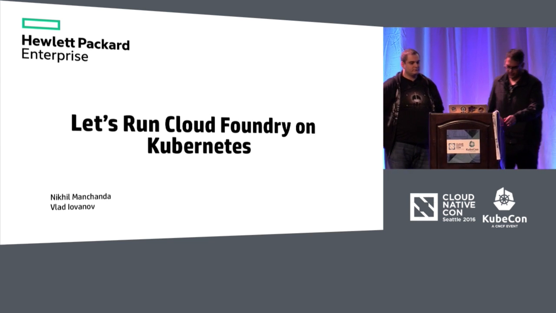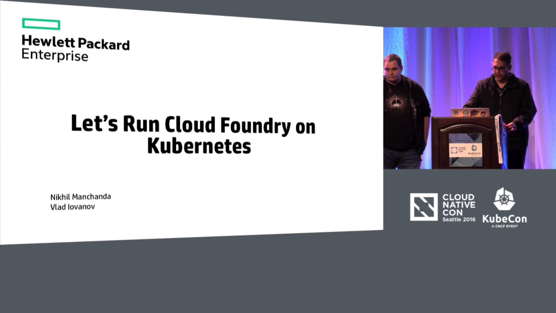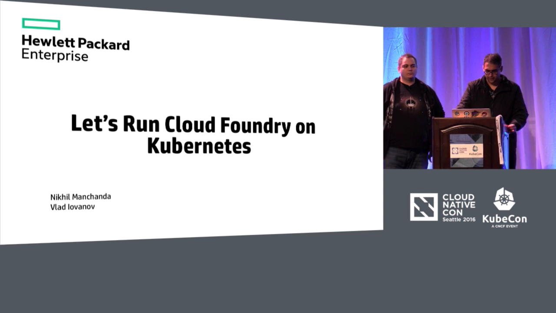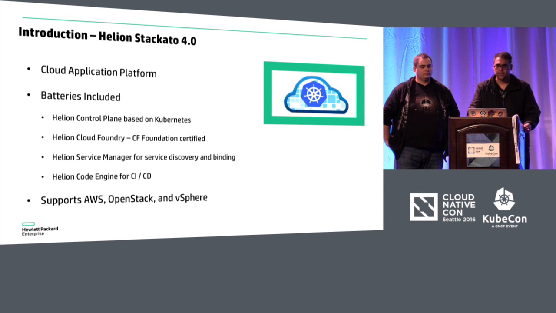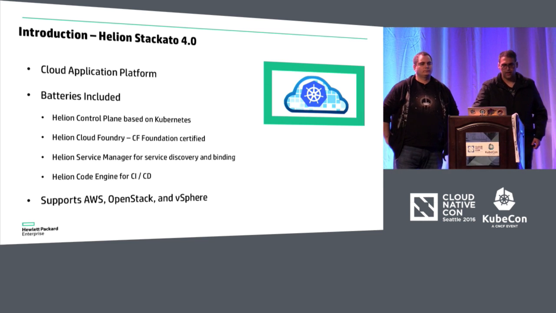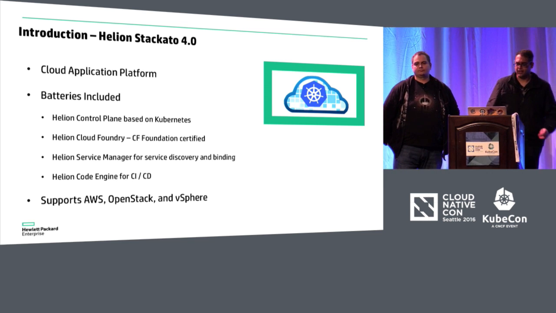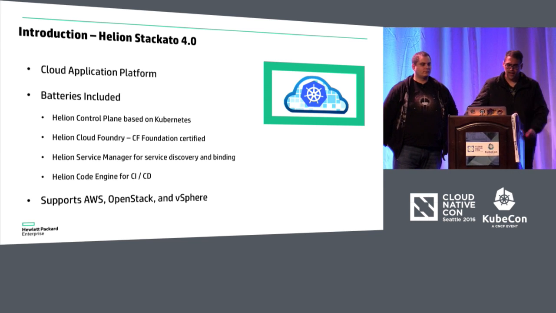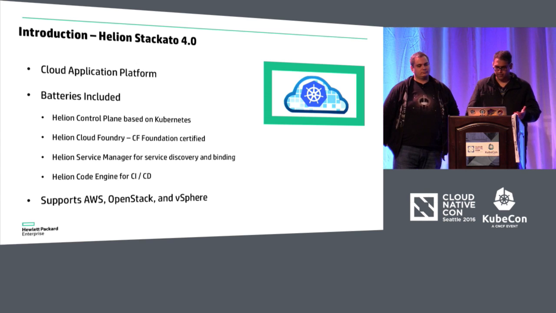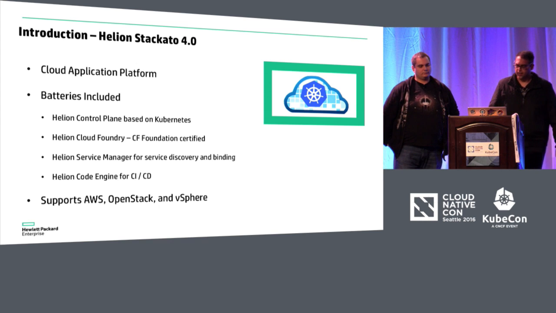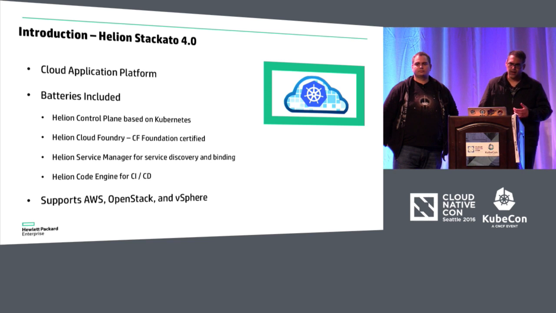So let me get started with this. As part of running Cloud Foundry on Kubernetes, we recently announced the general availability of an HPE product called Helion Stackato 4.0. This is an open, scalable, flexible cloud application platform based on Kubernetes, where you can run your 12-factor apps, your cloud-native apps.